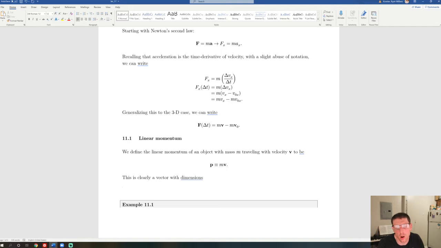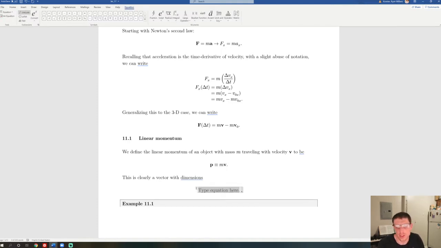And this is an important property of momentum, right? That it's a vector, as is, well, this is something we want to think about for all the quantities we discuss in this class. But anyway, I'm just going to show you what the dimensions of this work out to be. We're going to have a mass times a length over a time.